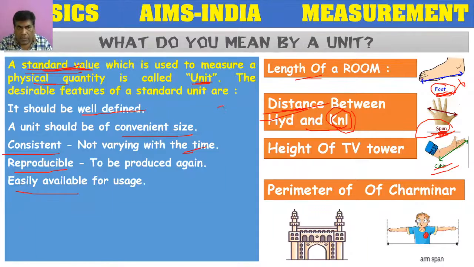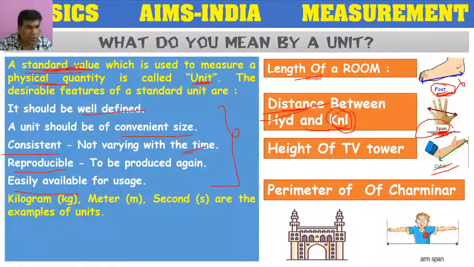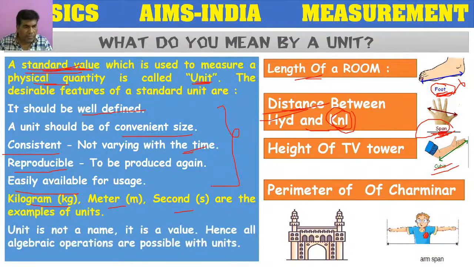If the unit we have chosen follows all the rules, then we can fix it as a unit and make use of it all over the world. Examples of such units are kilogram, meter, second. They follow all these features, so that's why they are examples of units.